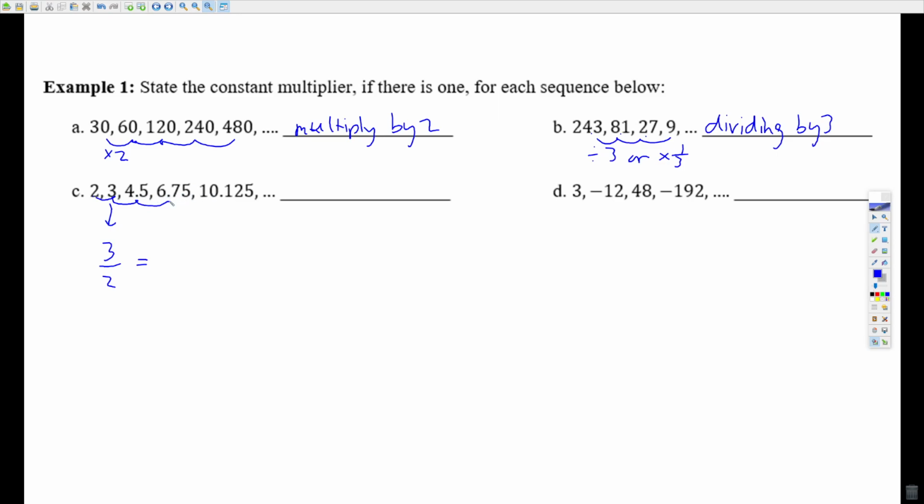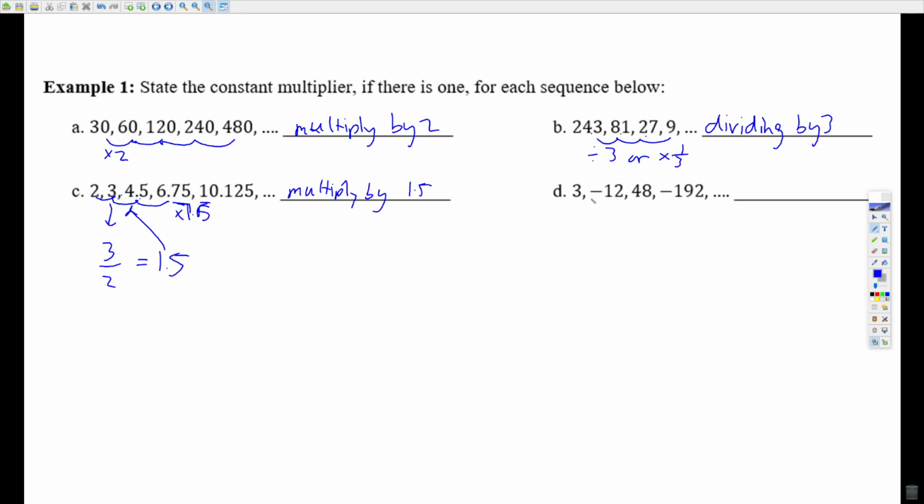If it's a geometric sequence with a constant multiplier, then this will be the same every time. So 3 divided by 2 is clearly what number? That would be 1.5. If you want to check to see if it works, you can take 1.5 and multiply each one of these to see if you get the next number. So for instance, if I did 6.75 and multiplied it by 1.5, if you type that into a calculator, you should get 10.125. So this one is multiply by 1.5.